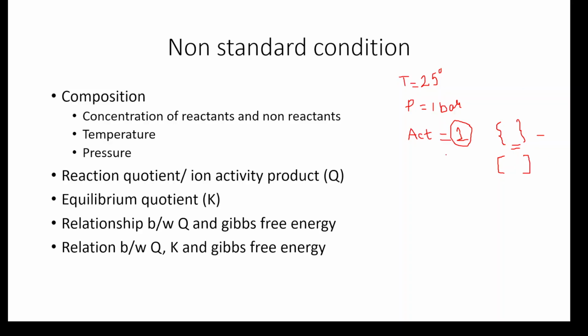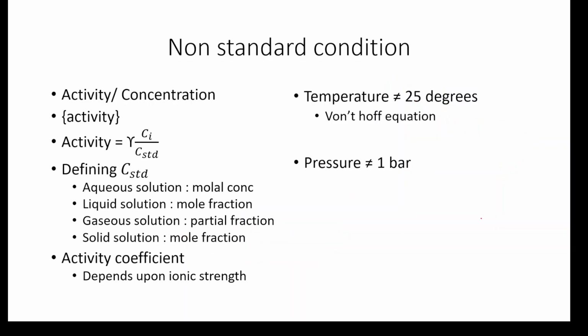For now, just remember that these are the standard conditions. If there is any change in the standard condition, the Gibbs free energy formula will change. So it involves the reaction quotient, the equilibrium quotient, and we have also studied the relationship between Q, K and Gibbs free energy. As I told, activity is represented by curly bracket.